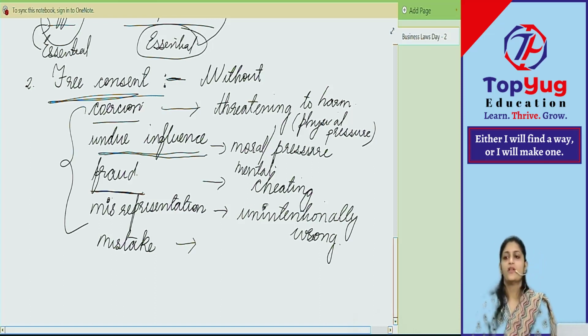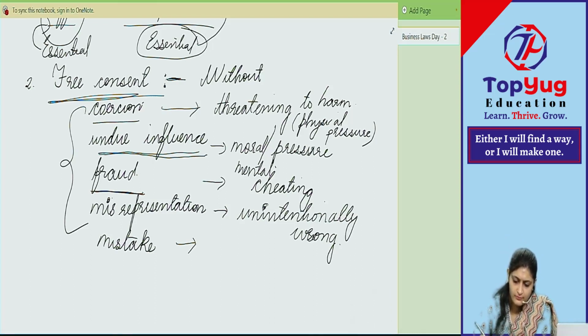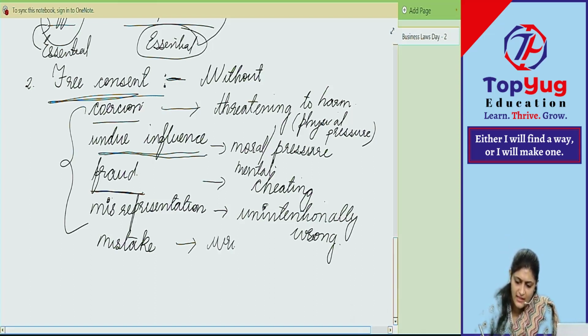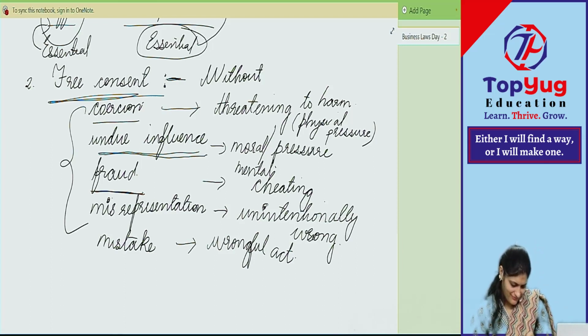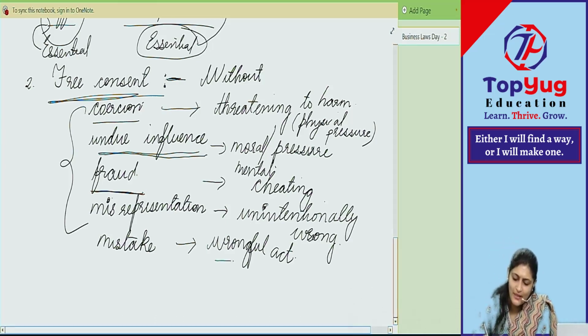Mistake. Mistake is what? Wrongful act. Mistake is nothing but a wrongful act where both the parties are mistaken about something.